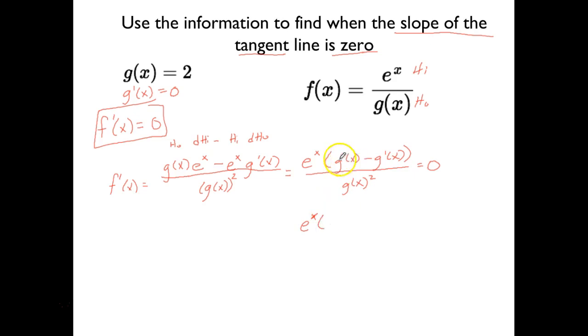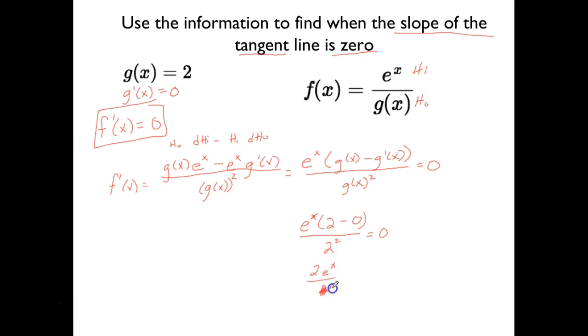Okay, g of x is 2 minus g prime of x is 0 all over g of x squared, which is going to be 2 squared equals 0. Okay, well, simplifying this just gives me 2 e to the x over 2, I'm sorry, that's 2 squared.